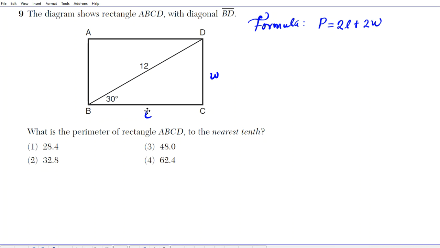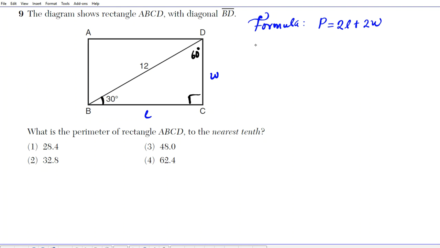Okay, so we can use SOHCAHTOA right triangle trick to figure this out, but there is a faster way to solve this problem because we have a scenario where we have 30, 90, and this has to be 60 degrees. Do you recall what this is called? This is one of the two special triangles.